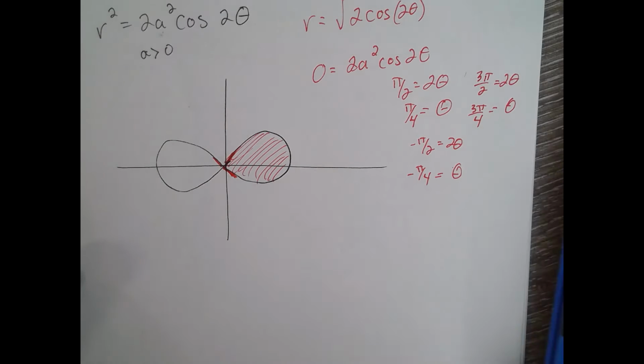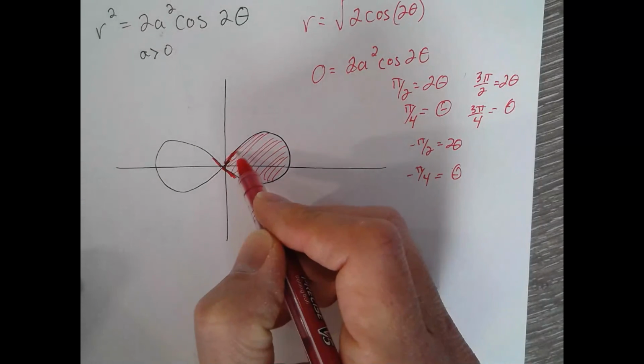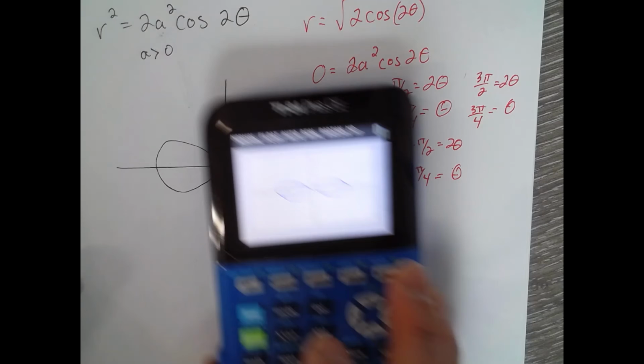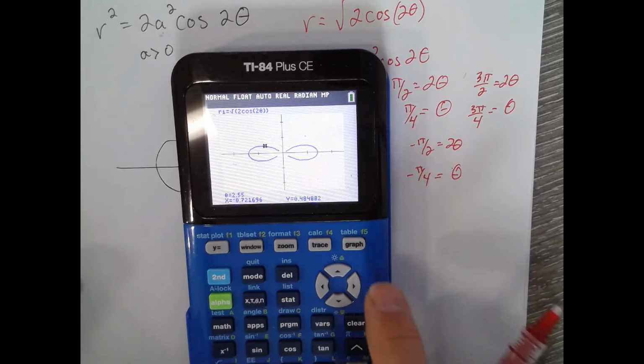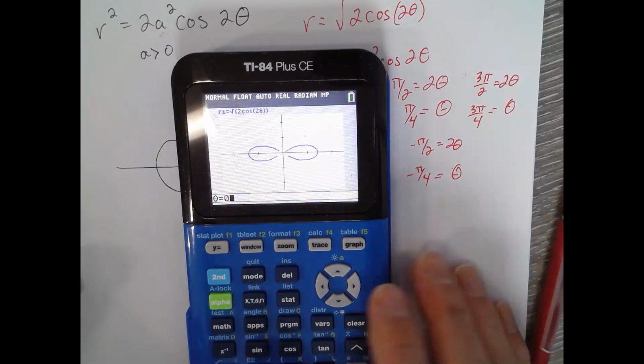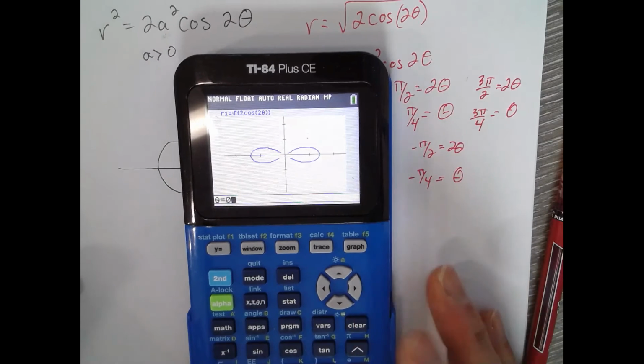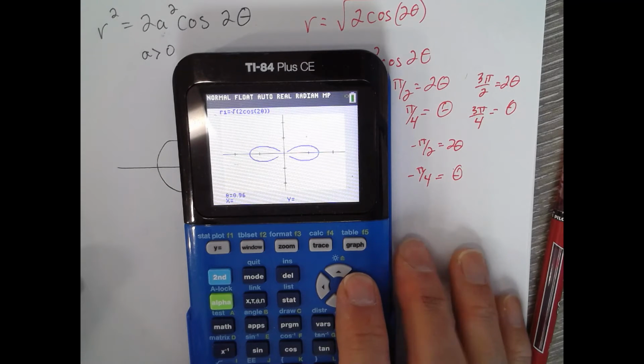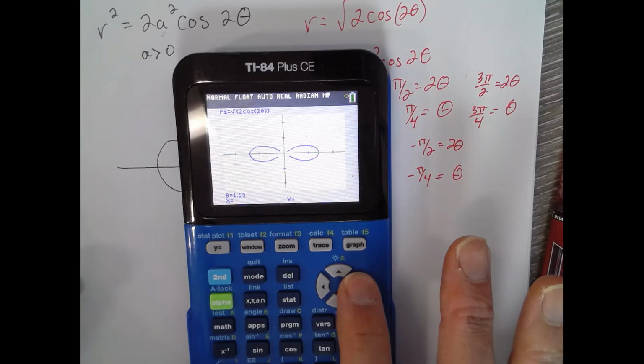If you notice what happens if we went from pi over 4 to 3 pi over 4, when I was tracing it, so 0, you can see it's tracing, and then it just disappears. I'm still tracing until it gets to 3 pi over 4 right now, and then it goes from there.